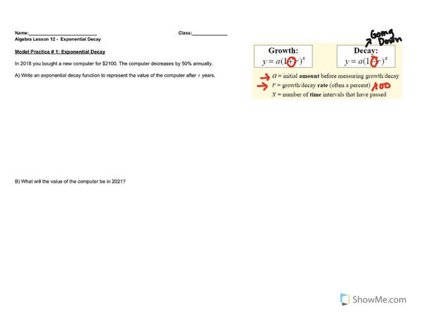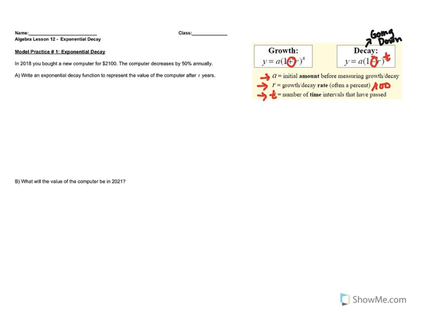In the previous lesson, I used T, and we could use T here as well, or you can use X, whichever one you prefer, as long as it's just a variable there to represent time or the time that has passed. So let's look at the example that we have here. It says in 2018, you bought a new computer for $2,100.